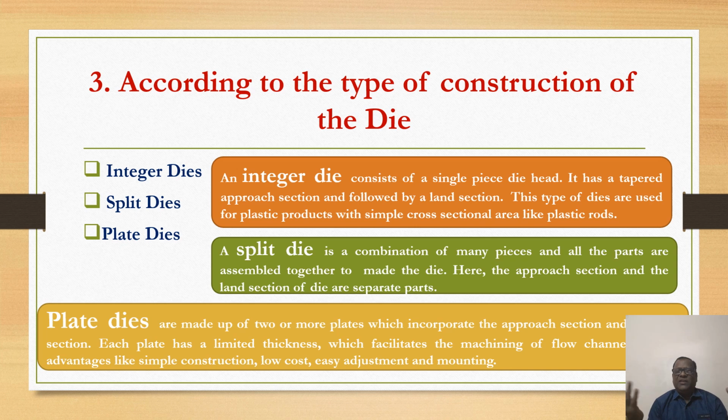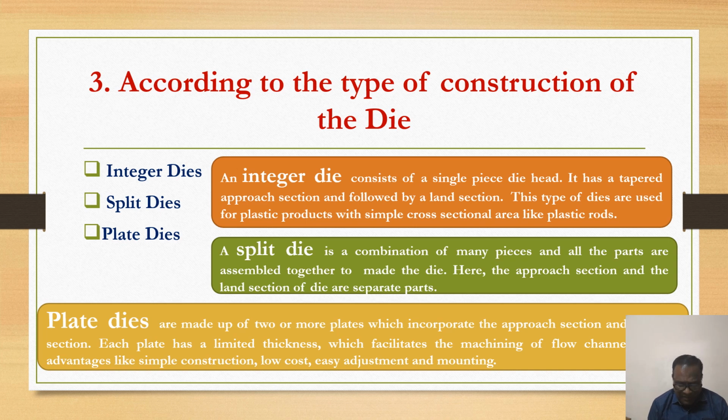Their look and other details will vary based on the product, but at the entrance there is the approach section. The approach section receives the material from the extruder. Then it is a divergent type of section, and after that it goes to the land section. After flowing through the land section, at the exit the plastic product will come out, and then you will go for cooling.